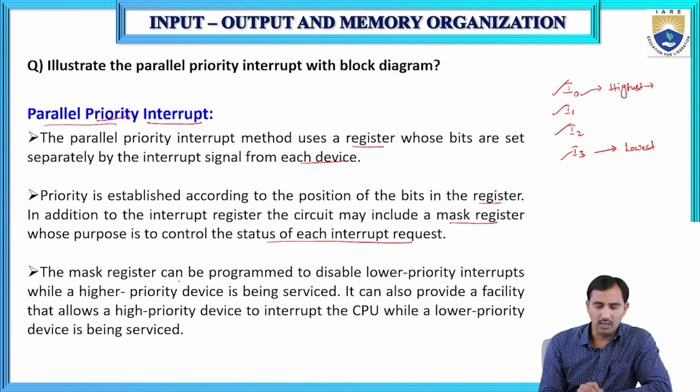The mask register can be programmed to disable lower priority interrupts while the higher priority device is being serviced. So when the highest priority interrupt is being serviced, all the lower priority interrupts will be disabled, because the interrupt with the highest priority is always serviced first, then the next priority, and so on till the lowest priority.